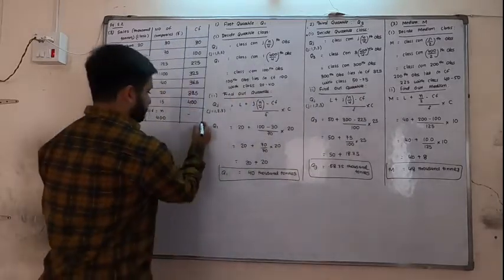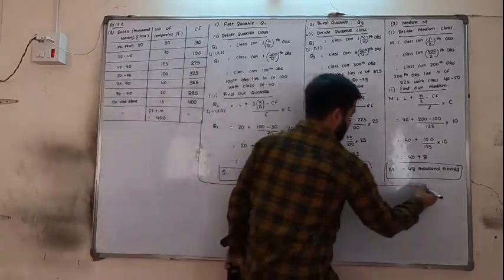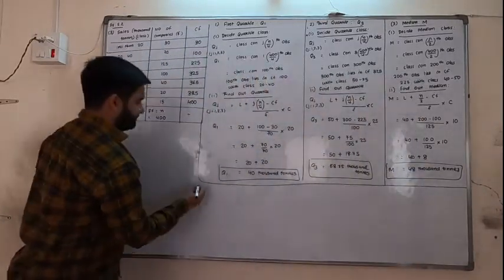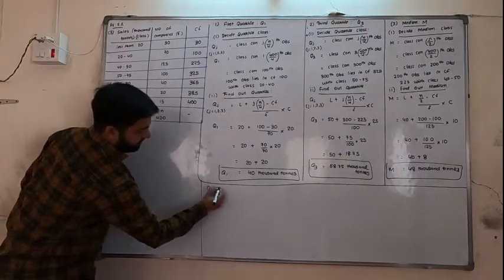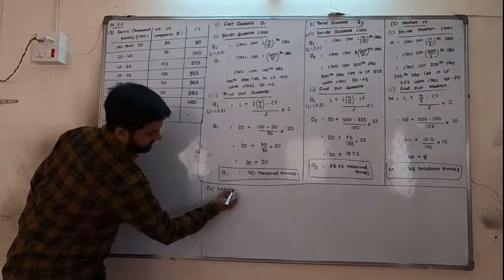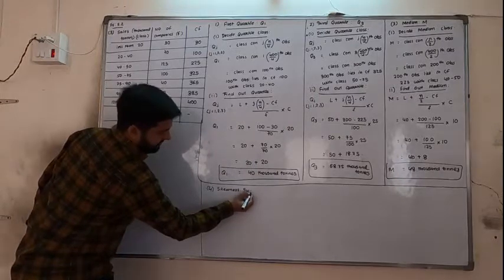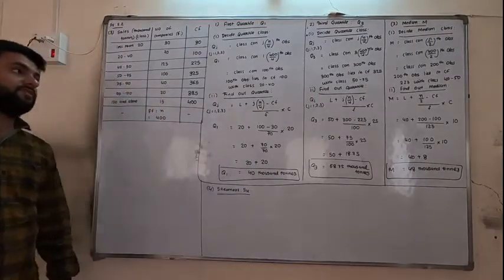Next, both the measures we have to find. So it is the skewness, SK. Both are skewness and the coefficient.